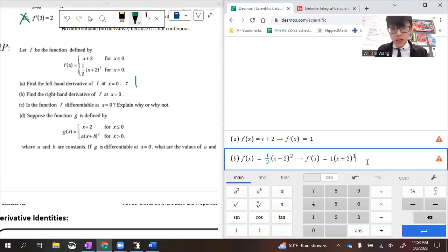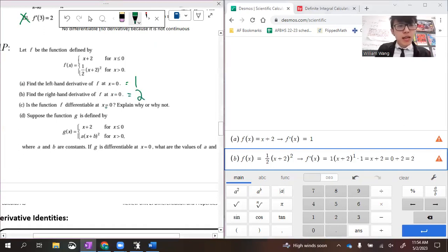Test it out yourself. And I multiply by the derivative of the inside. Well, luckily the derivative of x plus 2 is just 1. So if you forgot to do chain rule here, you'd probably be in luck. So that's equal to x plus 2. All right. Well, x is equal to 0, so it's 0 plus 2. So my right-hand derivative is 2.